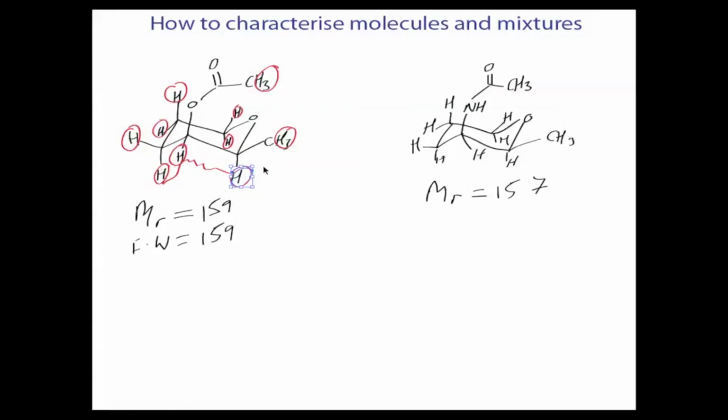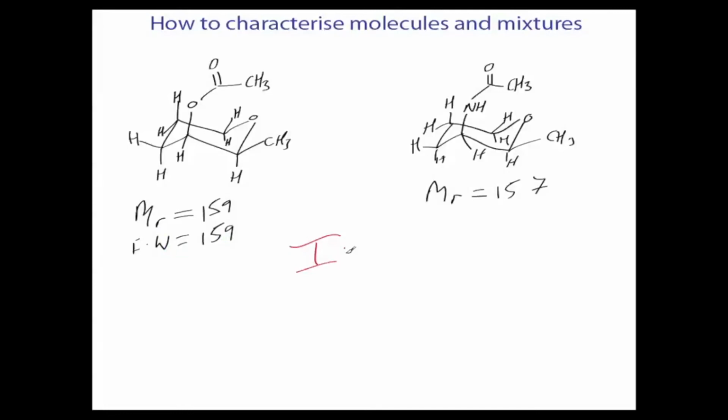Infrared spectroscopy looks more at functional groups. Infrared spectroscopy looks at the vibrations of the molecules.